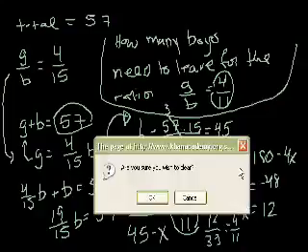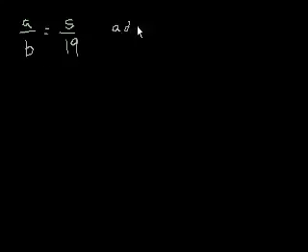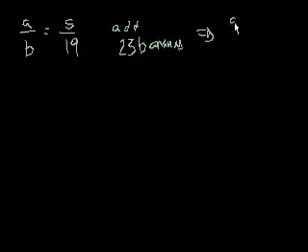Let's do another problem. Okay, let's say that the ratio of apples to bananas in a basket is equal to 5 to 19. And when we add 23 bananas, the ratio of apples to bananas, and actually let's just write it right now.